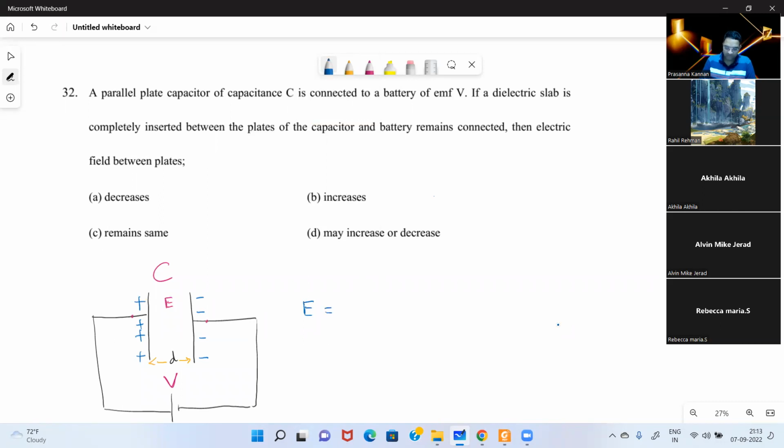Electric field is given by V divided by D. If you've not seen this before, please take this down. So the electric field between the plates of the capacitor is given by the potential difference between the plates divided by the distance between the two plates.